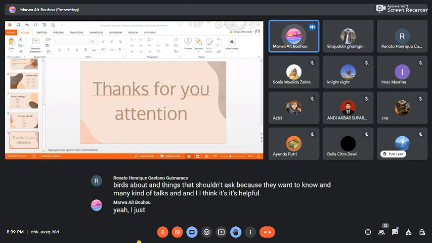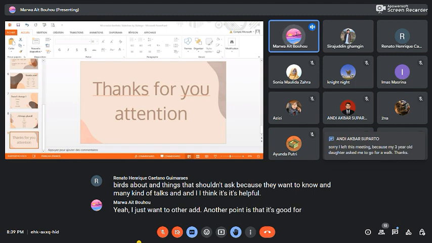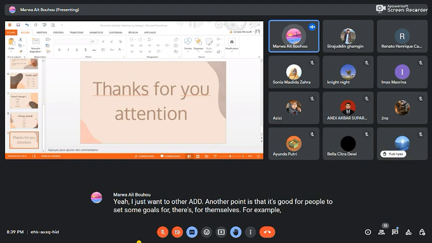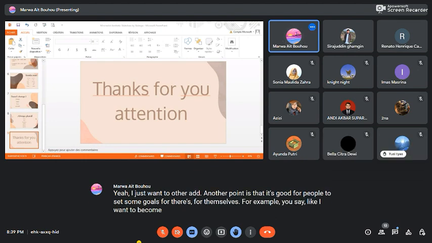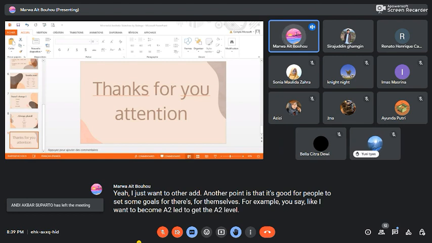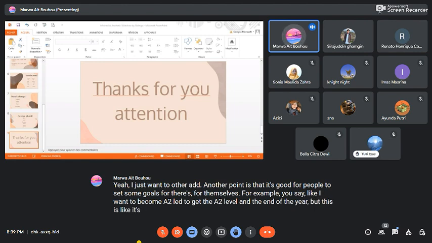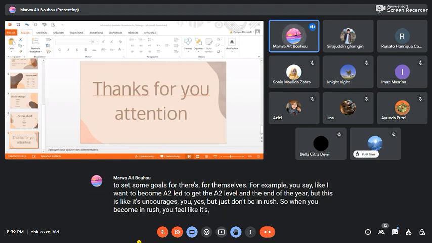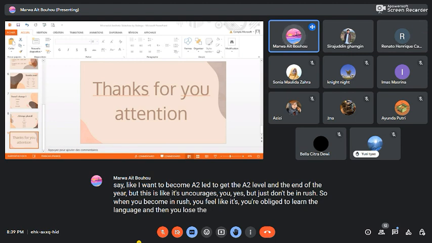Yeah, I just want to add another point: it's good for people to set some goals for themselves. For example, you say, I want to get the A2 level by the end of the year. It encourages you, yes, but just don't be in a rush. When you're in a rush, you feel obliged to learn the language, and then you lose the motivation.